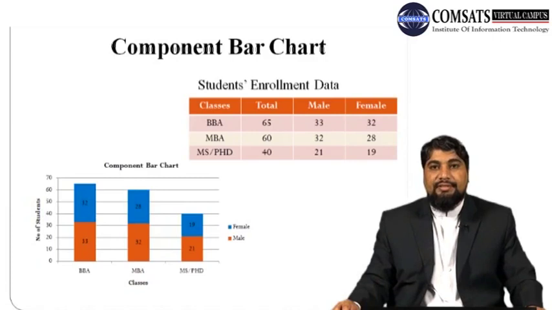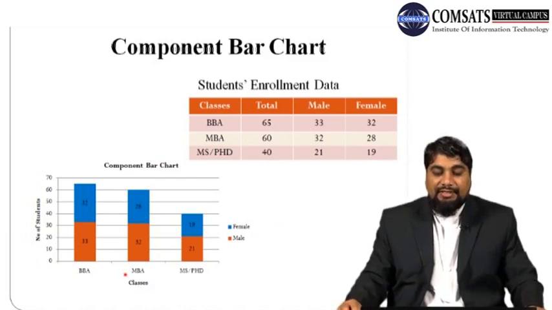So let us construct the component bar chart of the students enrollment data. On the x-axis take classes: BBA, MBA and MS PhD. On the y-axis take the number of students. First start with the male individuals.